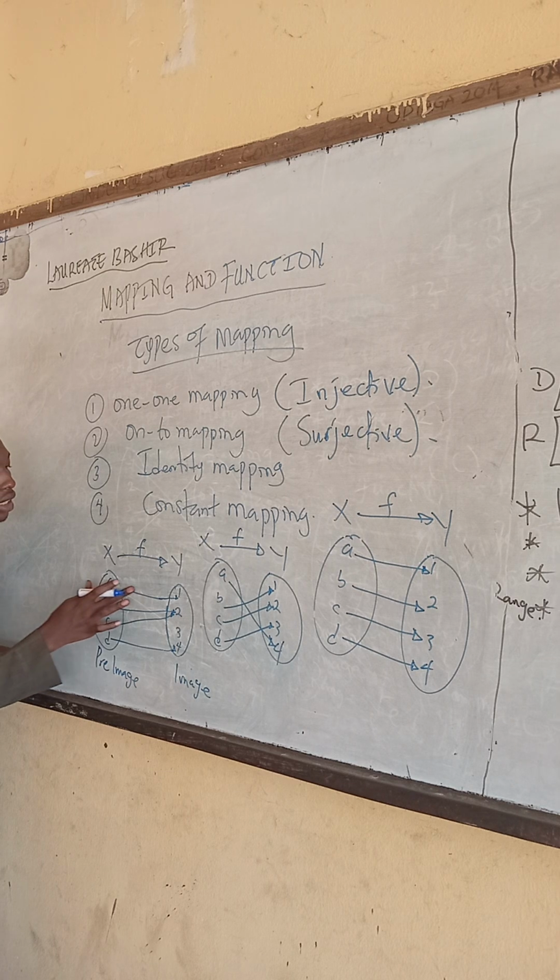I might also say A produces 4, D produces 4, B produces 2, C produces 2. This is also onto mapping.